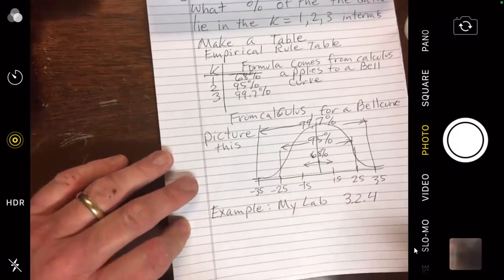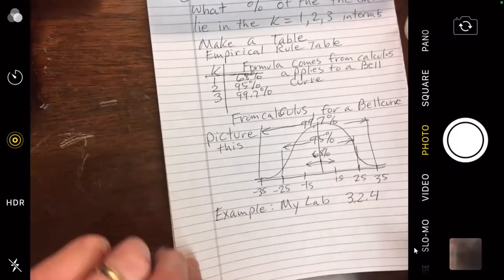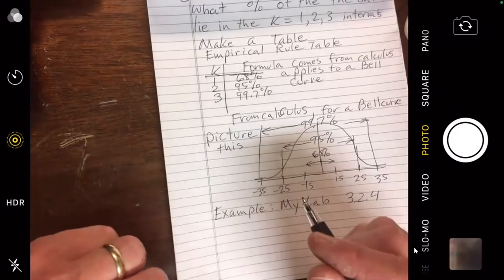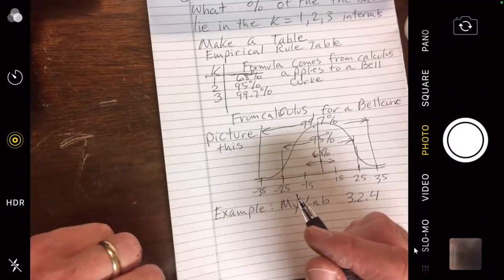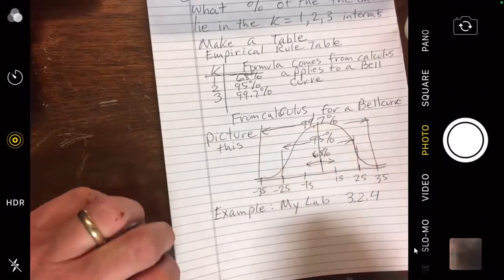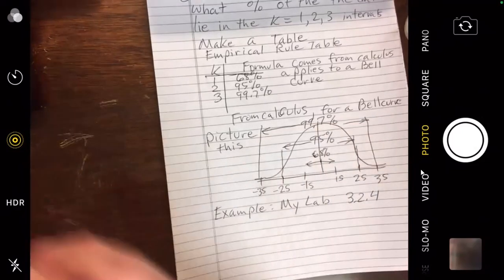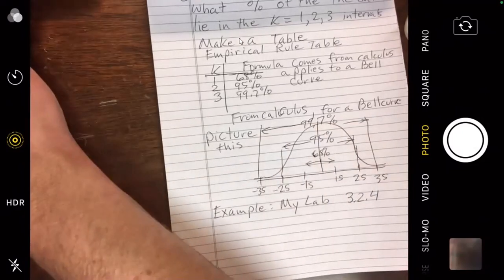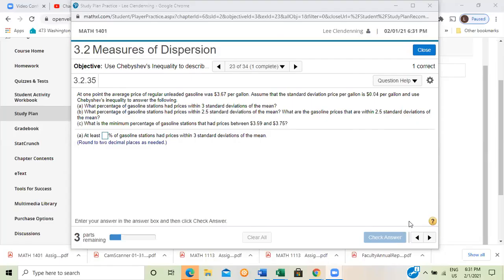That's the first one under empirical rule. Okay, let me stop the share, and we'll go back.